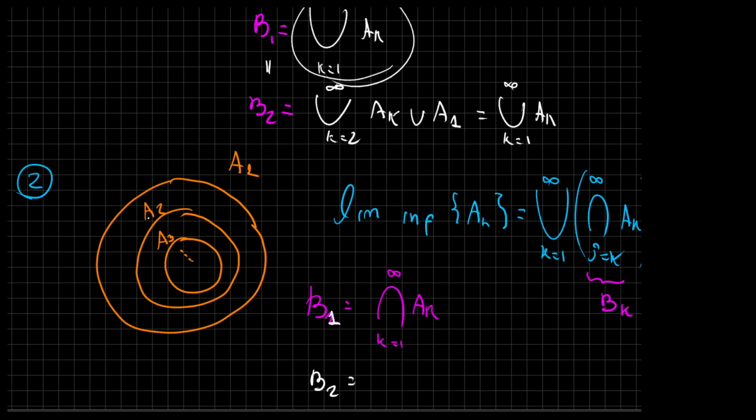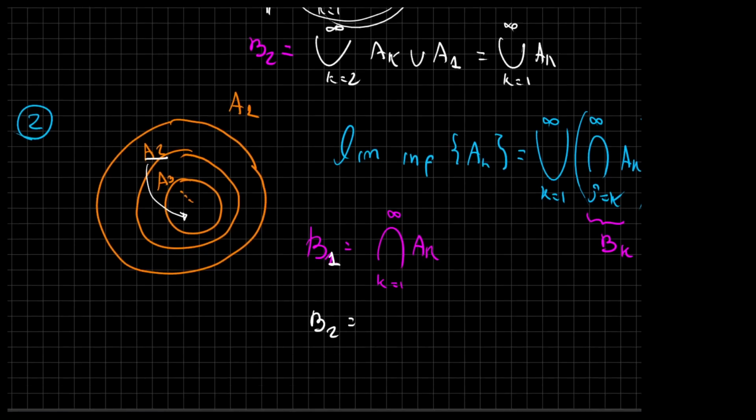Well, if you start in A2 and then intersect everything here, since A2 is included in A1, then if you intersect this with A2, this is equal to A2. Why? Because A2 was already in A1.